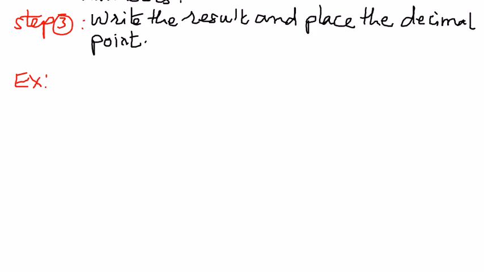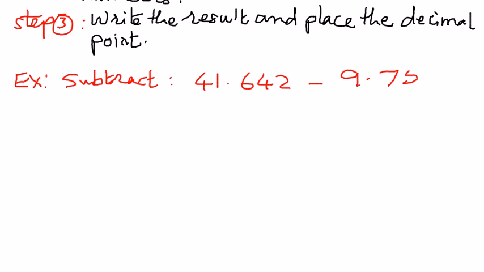In this example, we want to subtract the following two numbers: 41.642 minus 9.759. Let's say these are the two numbers we have, and the way we can explain the solution is by writing down these steps.